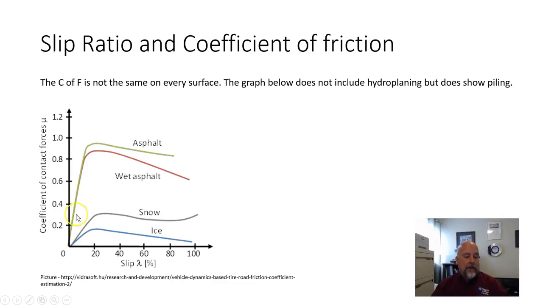So if we look at this, this is our coefficient of friction. The higher the number, the more traction you have, right? And going this way on the scale, that's the amount of slip you have. So in this case, we build up to about here, just under 20% slip rate, which is the maximum amount of grip you can get.